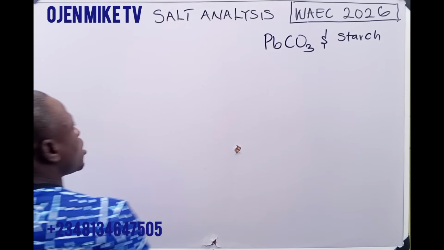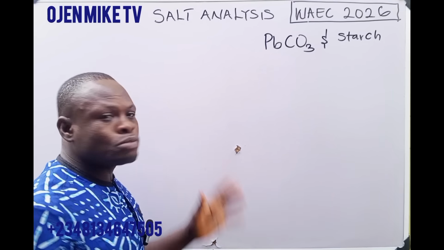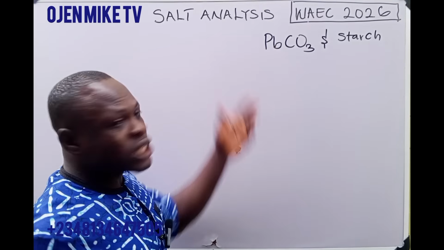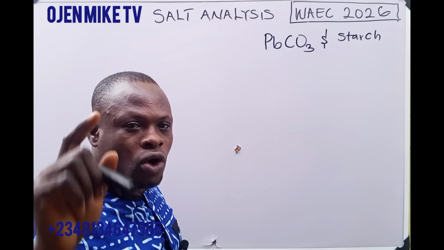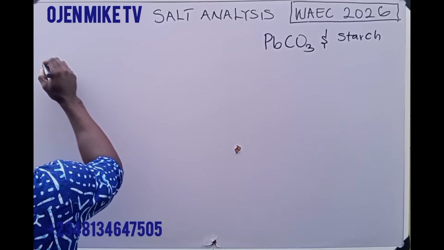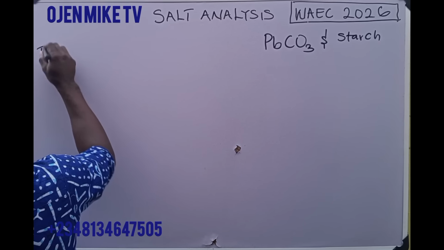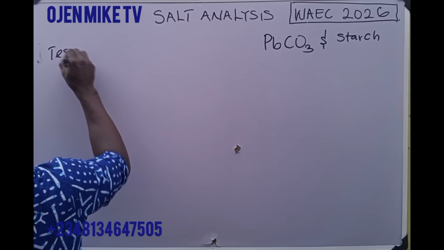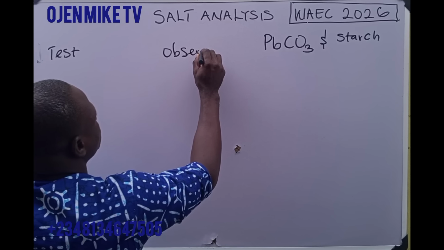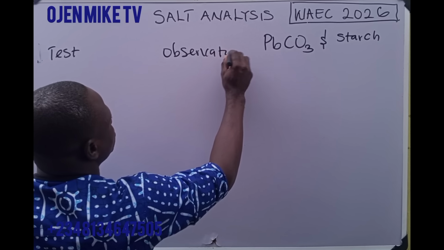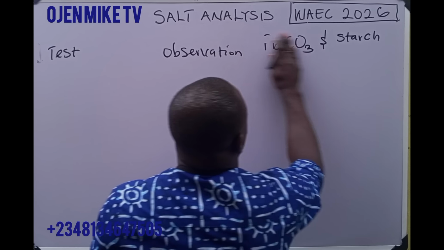Now let's go. Like I say, your salt analysis must be reported in test, observation, and inference. So we go with test. We have test, we have observation, and we have inference.